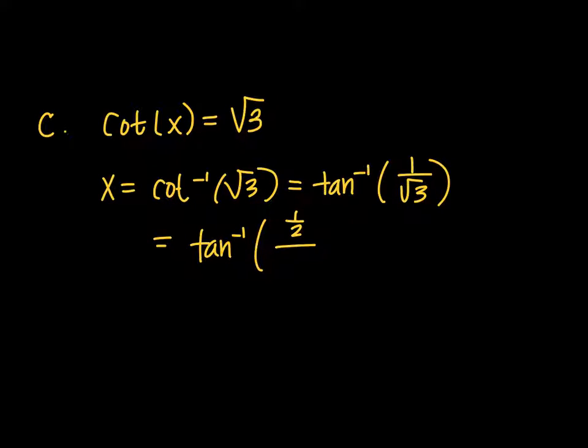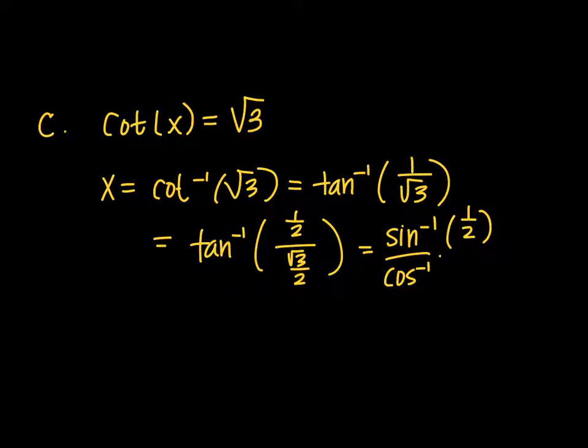1/2 is the top number. Rad 3 over 2 is the bottom number. That's what really is going on here. And what that really means is tangent is sine over cosine. So sine over cosine is going to be the half on the top and the rad 3 over 2 on the bottom.